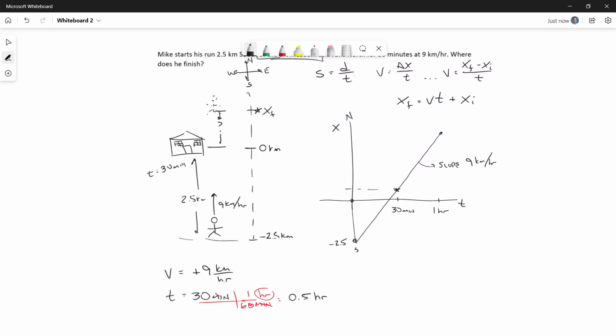And here we can look at a couple ways to put this. You can use delta x, and we're trying to solve for delta x. That is what we don't know. If I know my displacement, I can answer my question later. Well, we know that v is equal to delta x over time.